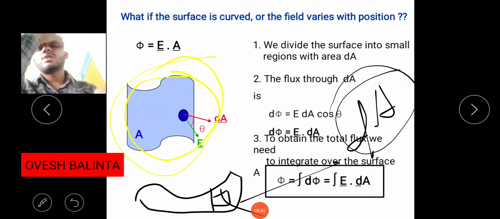So dA is that. It means we are considering a small discrete quantity.